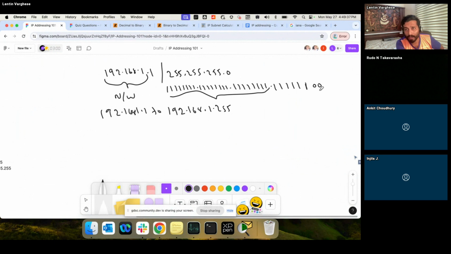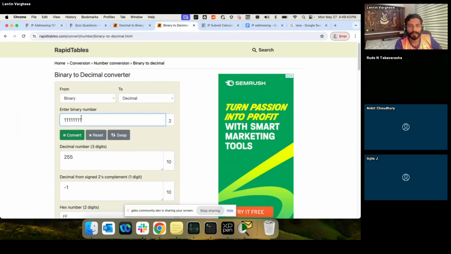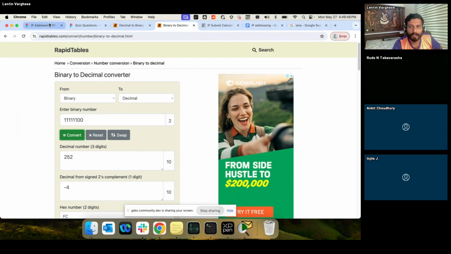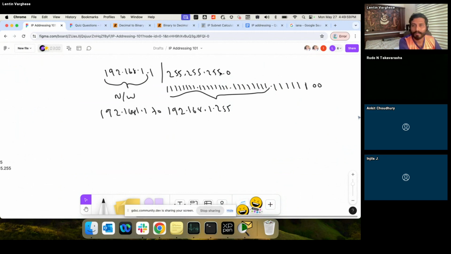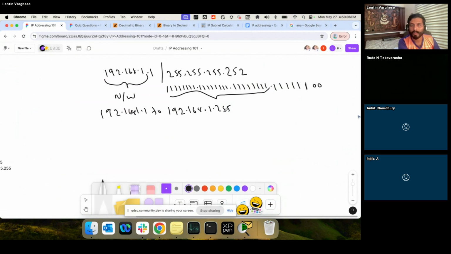Now if I convert this number, what will I get? Let's see. 252. The subnet mask is updated.